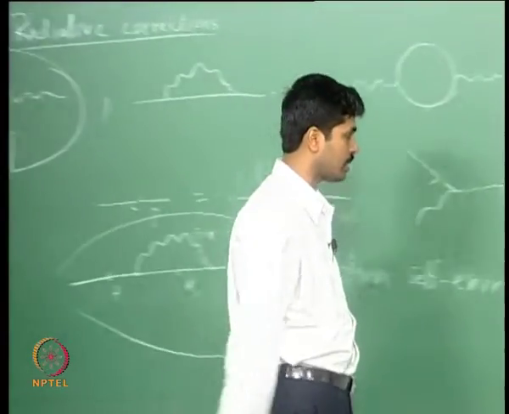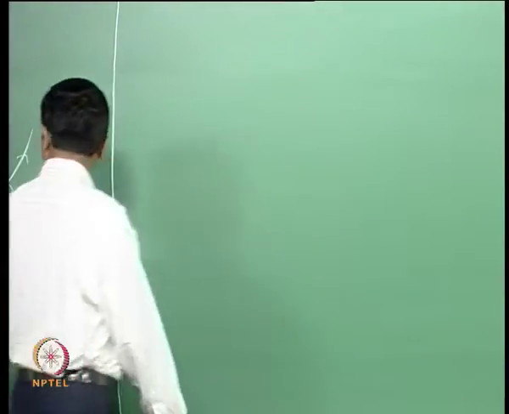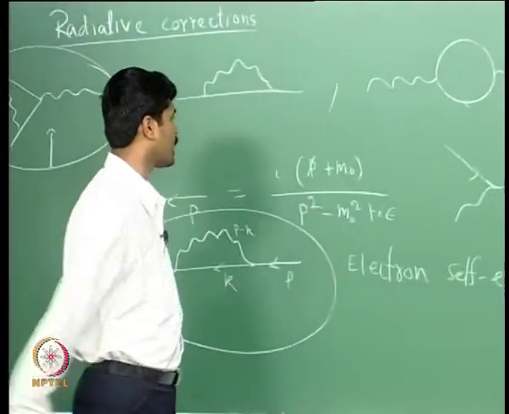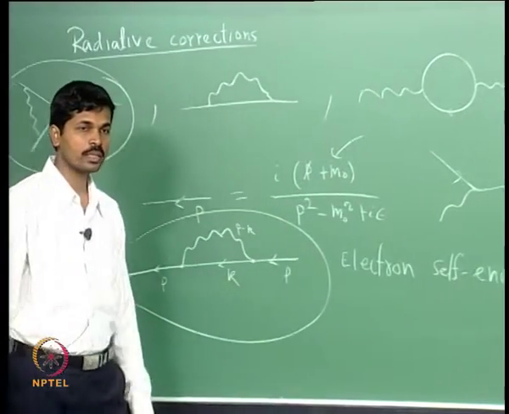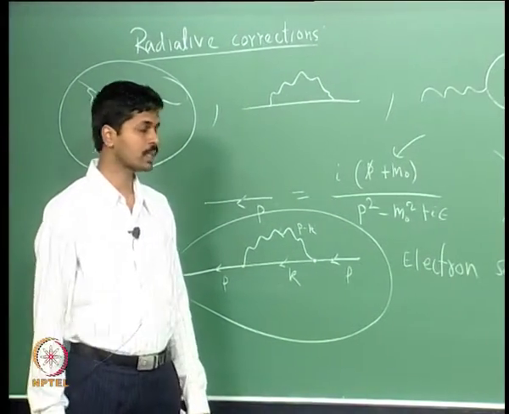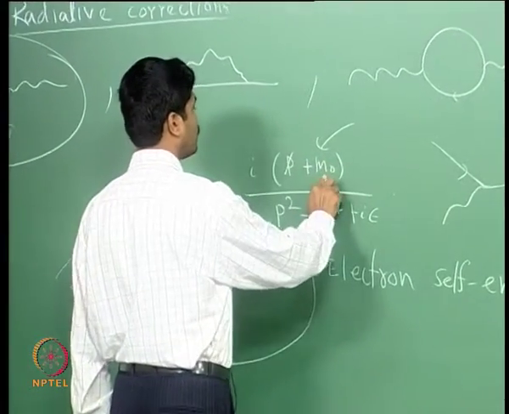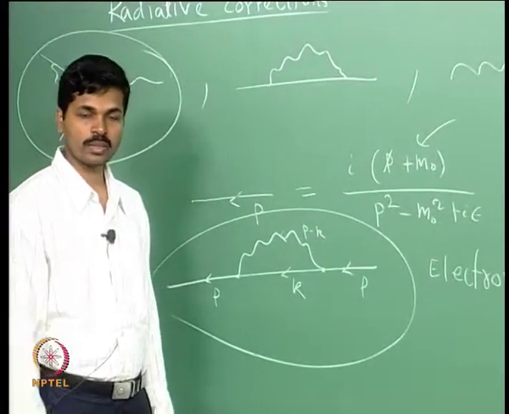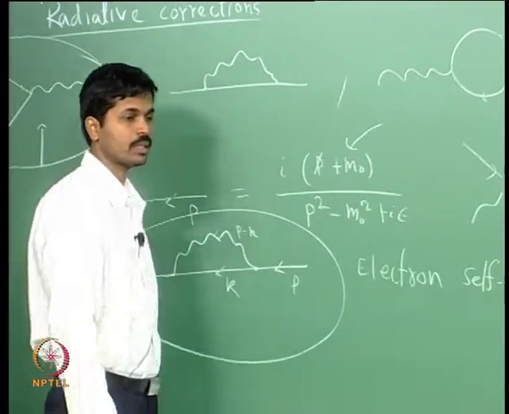That is what is given here. Also I must say that I have now used m0 to denote the mass of the electron. You will see at the end of this lecture why I have denoted it as m0 instead of m, because in all our previous lectures we used the notation m for the electron mass.